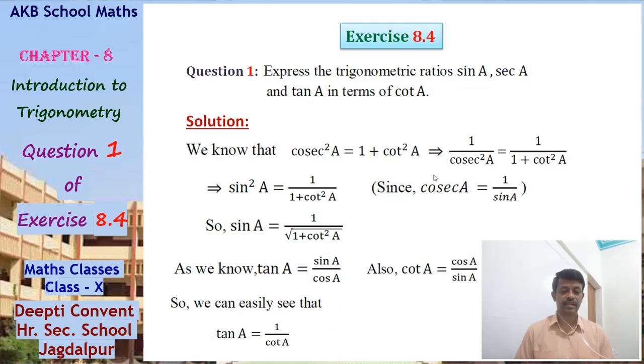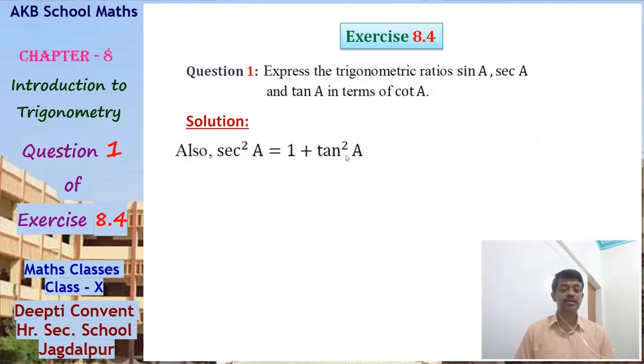Okay, now for sec A. Sec square A equals 1 plus tan square A, we know that from the square relation.